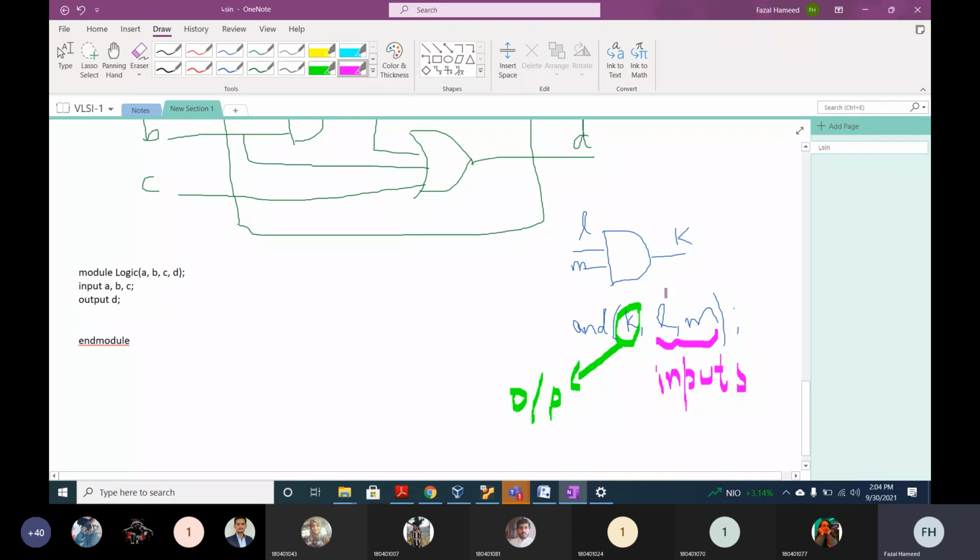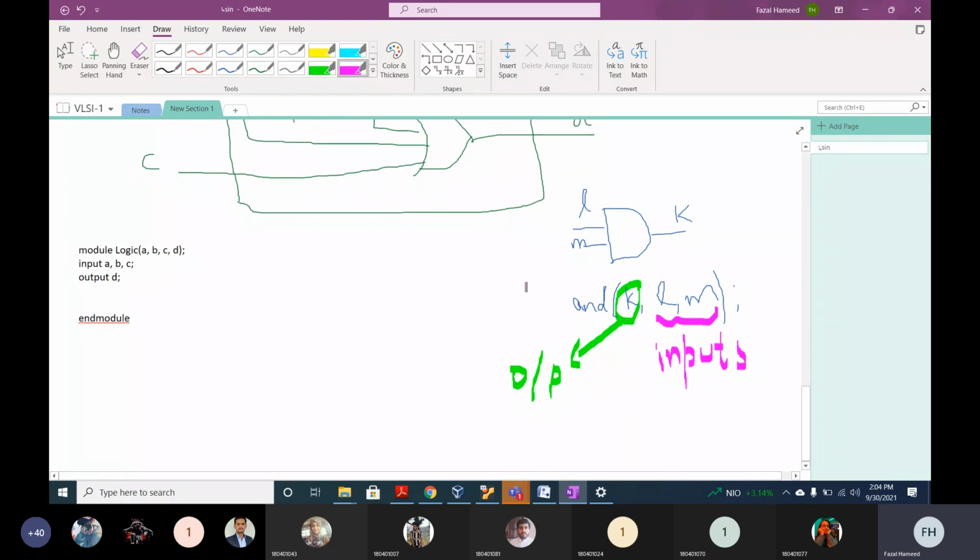If you want to realize a 3-input AND gate, how can we design it? Let's assume the output is Z and the inputs are M, N, and P. What can be the code for this?